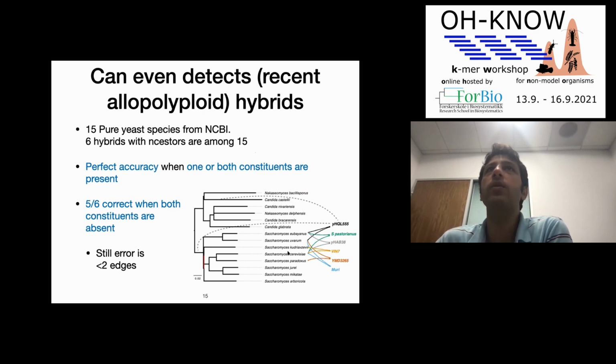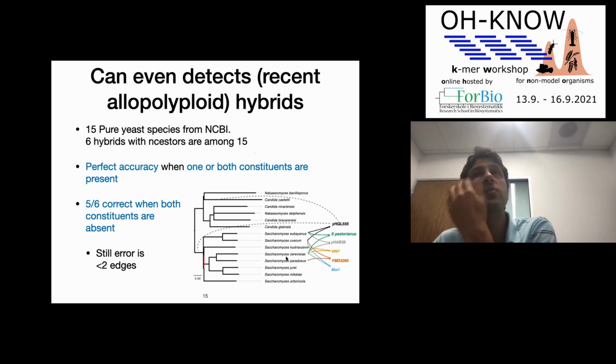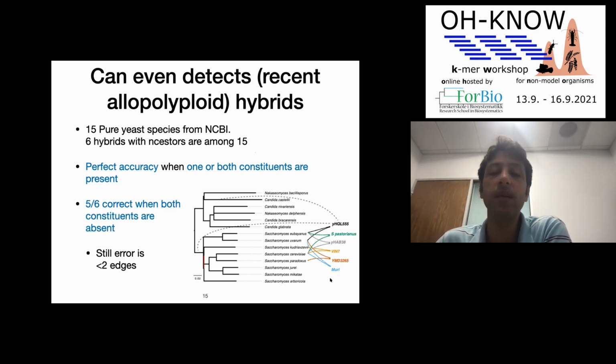When one of the constituents was present but the other one was missing, it was also able to place the missing one correctly every single time. When both of the constituents were missing, it worked correctly for these 5 species down here. For one of the species, it was off by 2 edges.